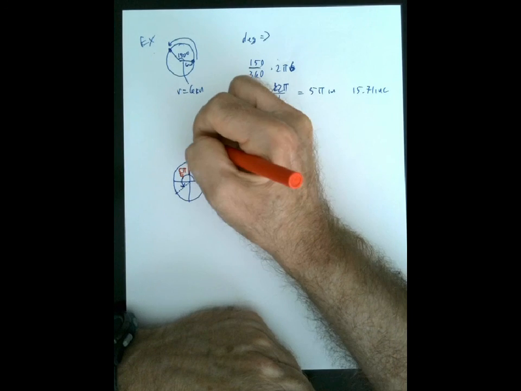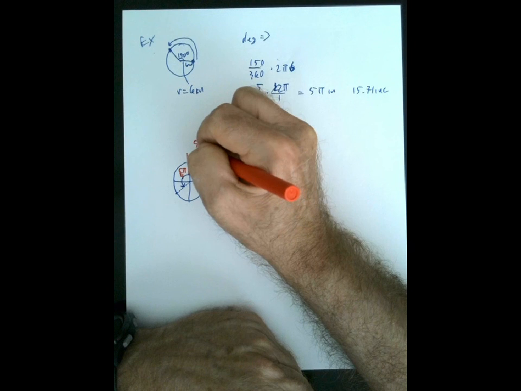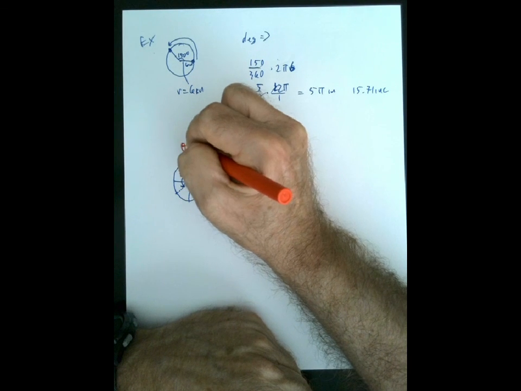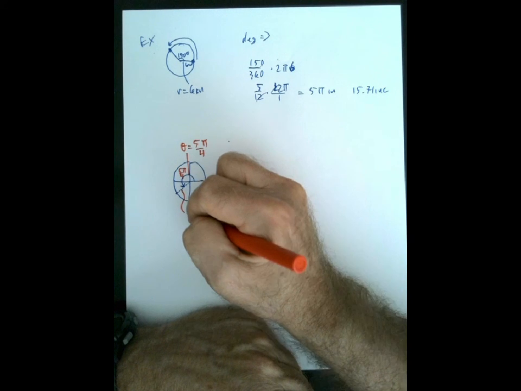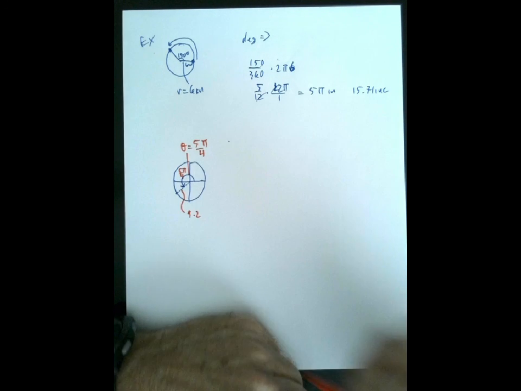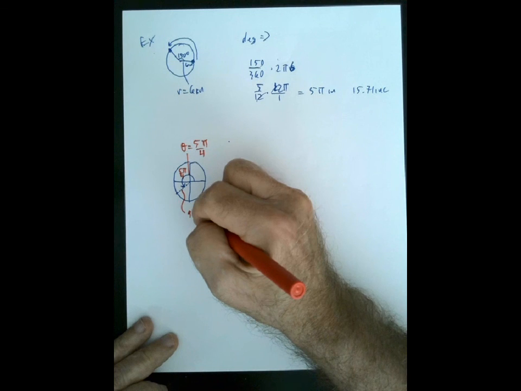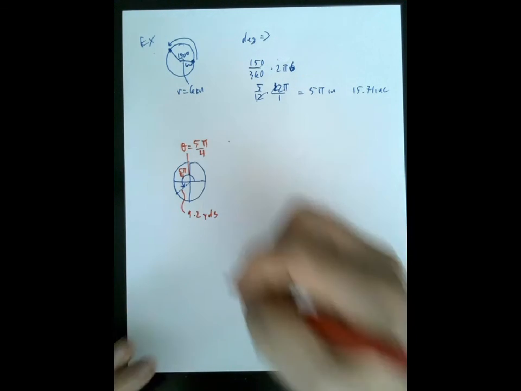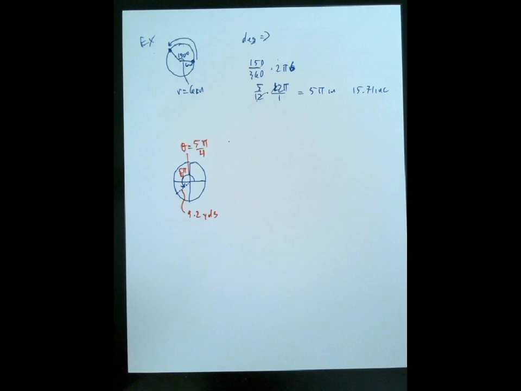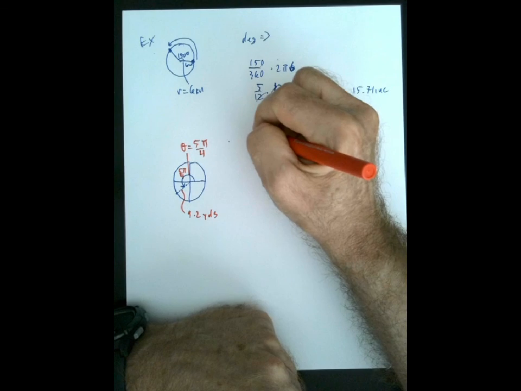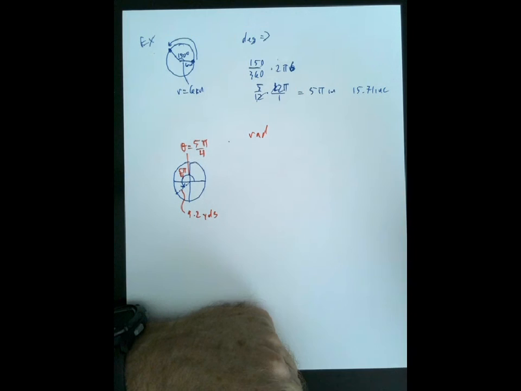That's theta. And let's say the radius is equal to 9.2 yards. Notice the angle is given in radians, so we're going to use the radian formula.